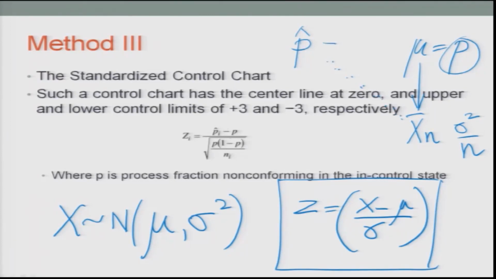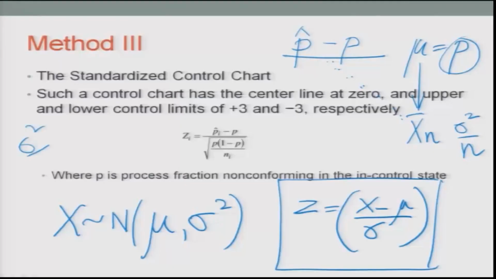That is the estimate, and we find the difference between the estimate and the parameter. This p value is basically mu here. In the denominator, we divide by the value of n, the sample size. If I consider the sample variance, which is the best estimate for the population one, you had sigma squared by n.